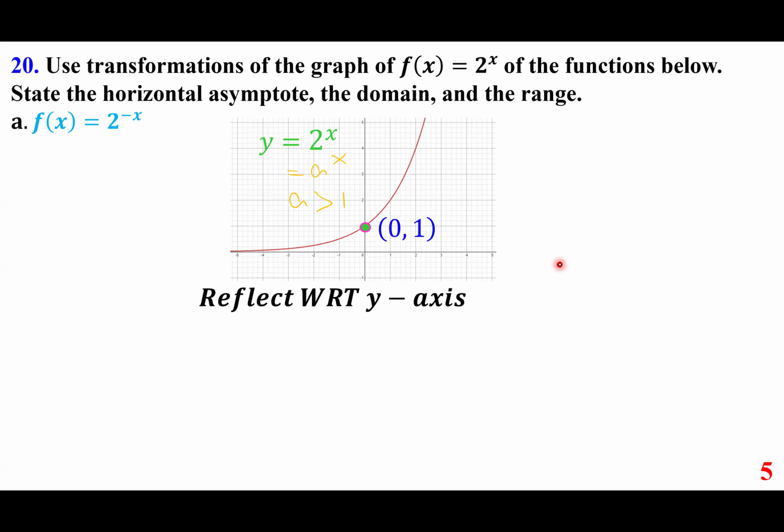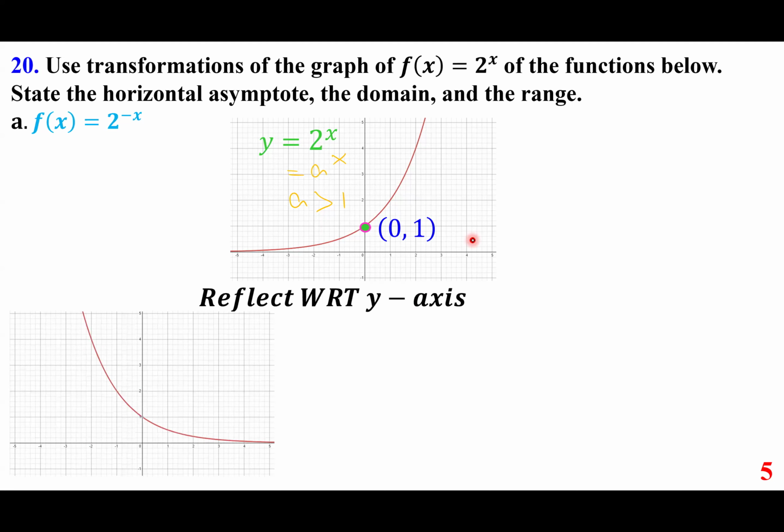Now we want to change the x to minus x. So that means reflection with respect to the y-axis, or across the y-axis. So it looks like that, which we have the same y-intercept of (0, 1).